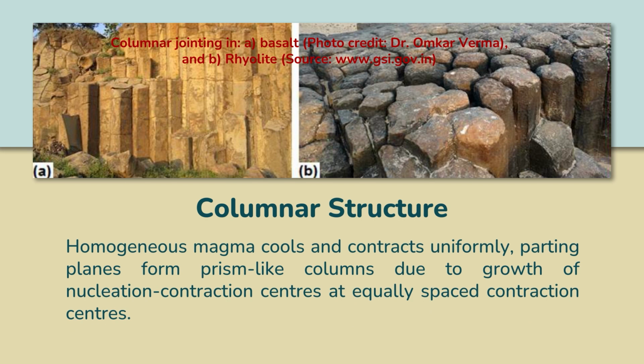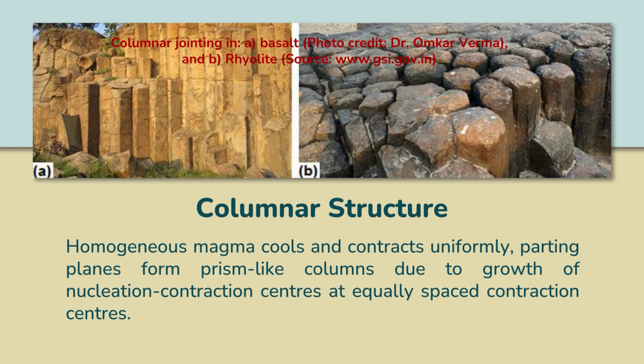When homogeneous magma cools and contracts uniformly, parting planes form prism-like columns due to growth of nucleation contraction centers at equally spaced contraction centers. You see here, they are called columnar structures, columnar joints.